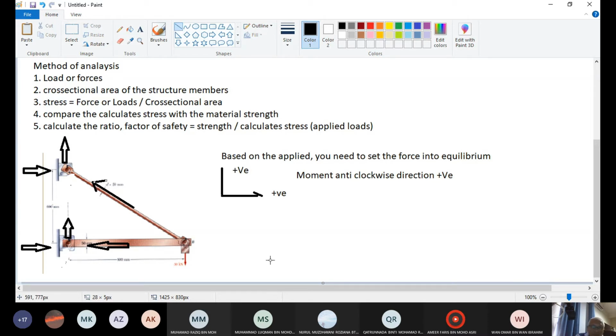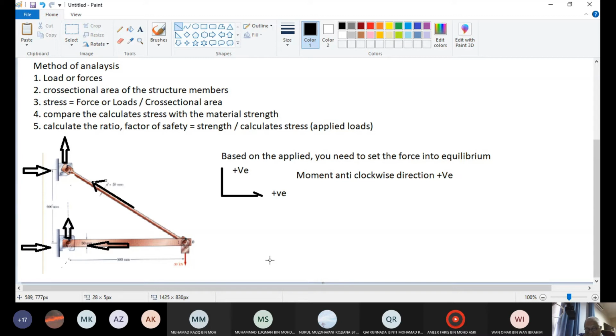So we are building the equilibrium forces over the system. So far, can anyone follow?